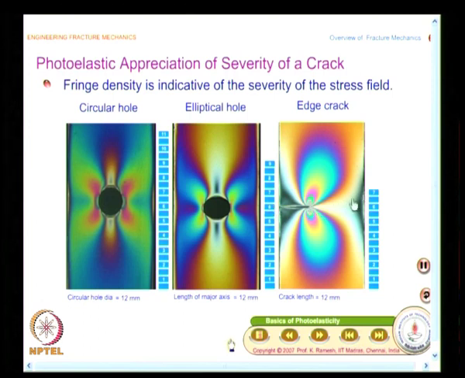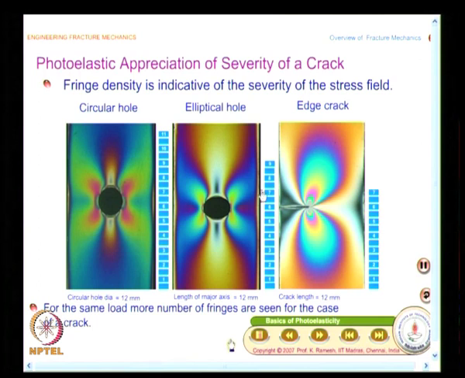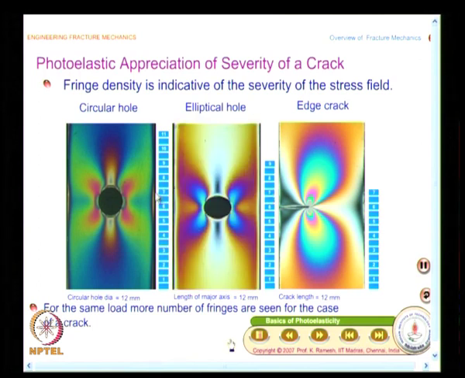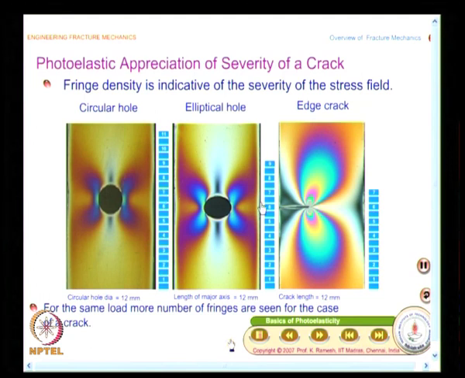If I maintain the load as 7 in the plate with a circular hole as well as 7 in the elliptical hole, the mere comparison shows the number of fringes you come across in a crack is much higher than what you see in an elliptical hole or a circular hole.